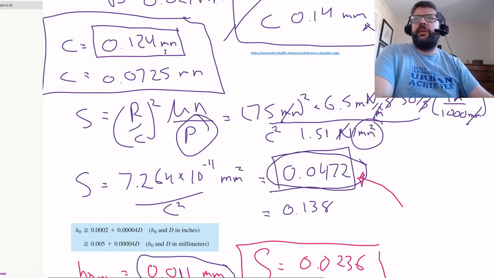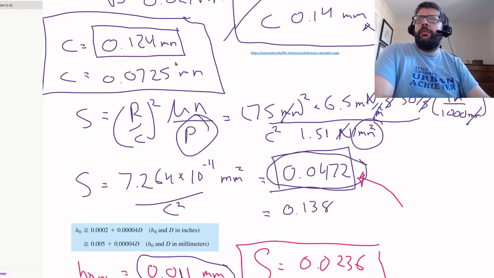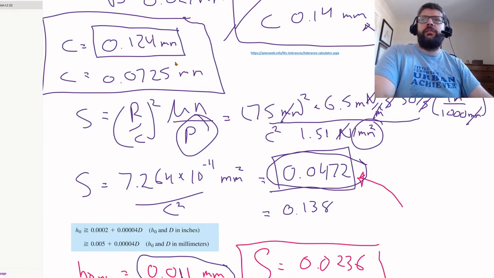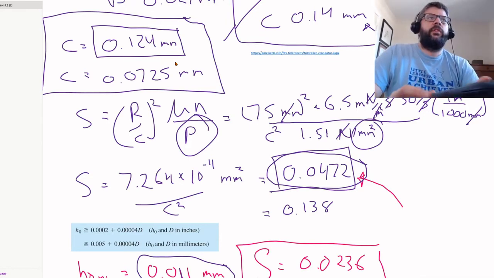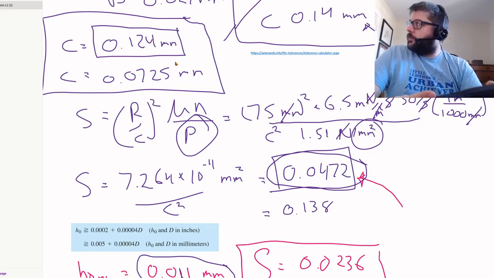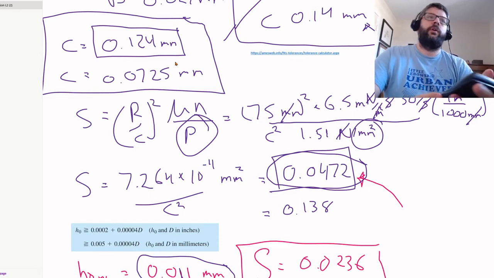So if we changed our clearances so that we weren't able to get as high of a clearance on the large end, then we might be able to adjust our allowable tolerances such that they result in an allowable safety factor for our h naught.